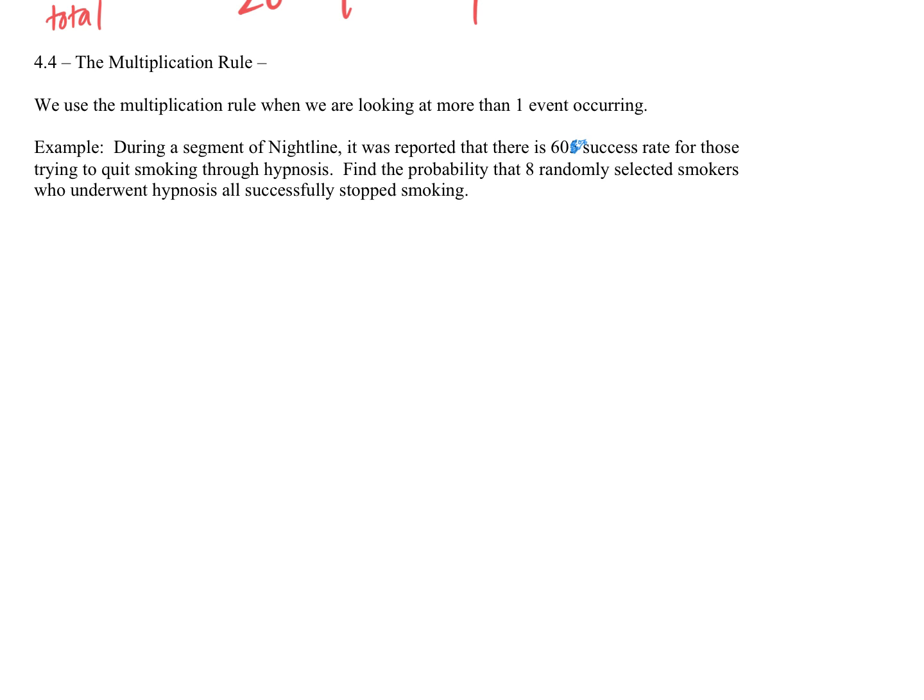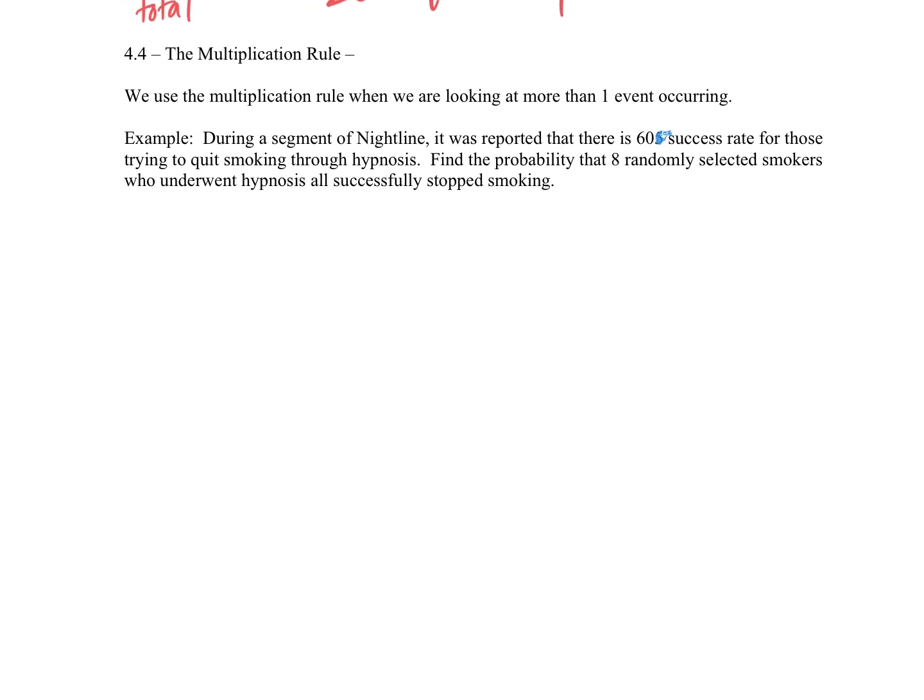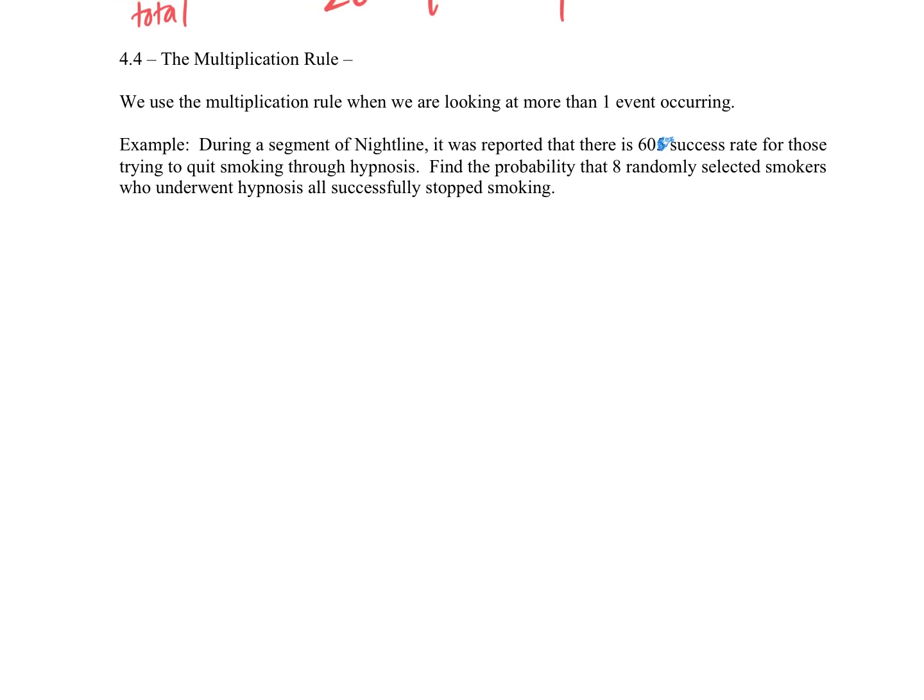All right, so the multiplication rule is when we have more than one event occurring. Whenever we have this event, then this event, then this event, what we do is multiply probabilities. So for each individual person, they're all smokers.